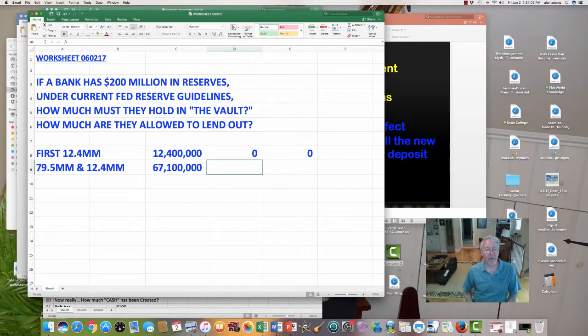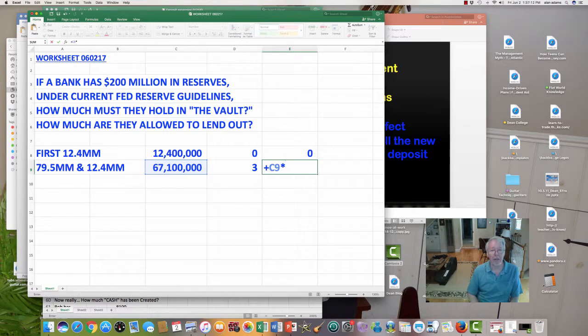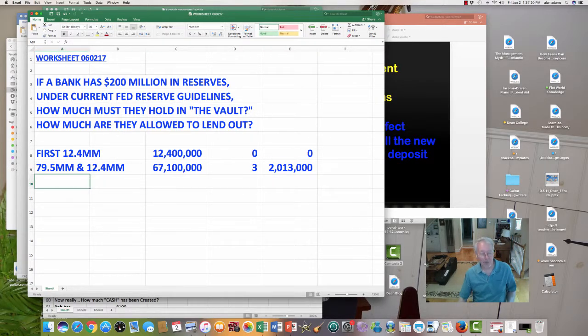That's $67,100,000, and that's going to be at 3%. So if we take that amount of money and multiply it by 0.03, 3%, that's going to be another $2,013,000.